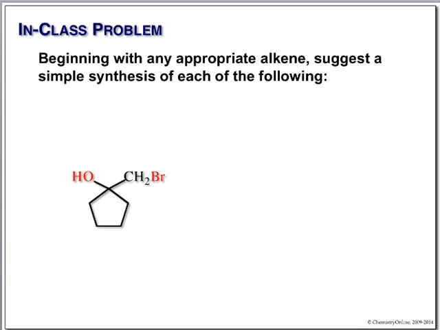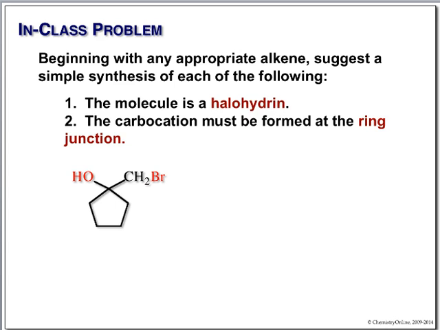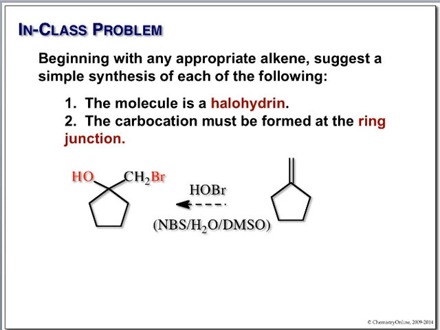These were the carbons of our alkene, here and here. Therefore, it's a halohydrin. The carbocation forms at the ring junction. That's why OH adds there. And these are our reaction conditions.